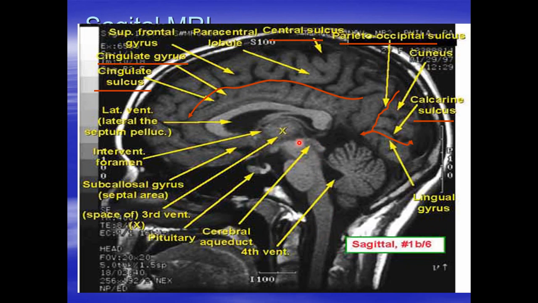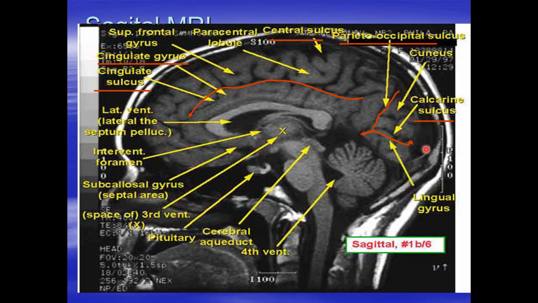These 3 structures together are called the brain stem. Just posterior to the pons you have this space which contains CSF, and it's the 4th ventricle, and covering the 4th ventricle we can see the cerebellum. This is the cerebellum, which is separated from the rest of the brain by the tentorium cerebelli.